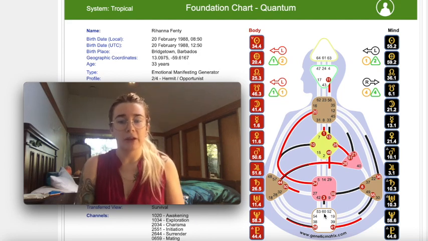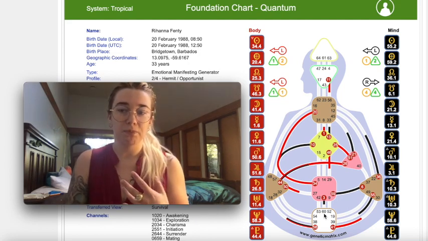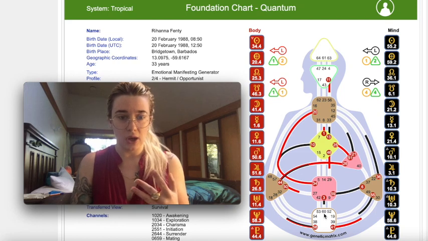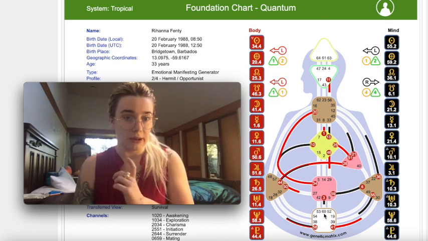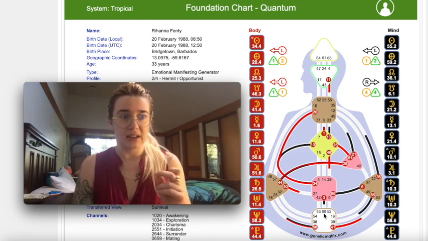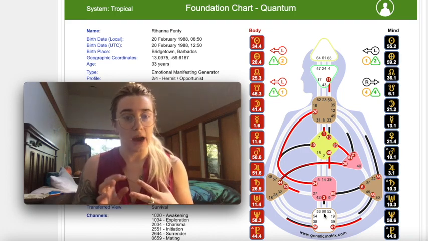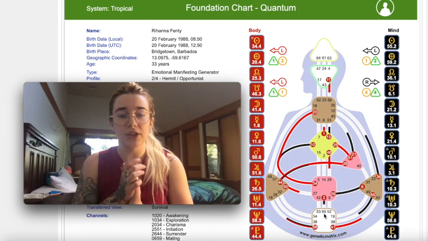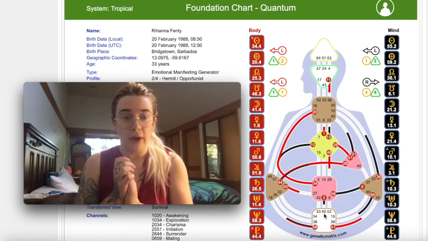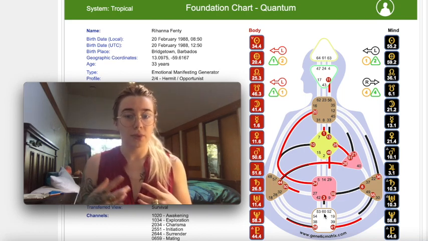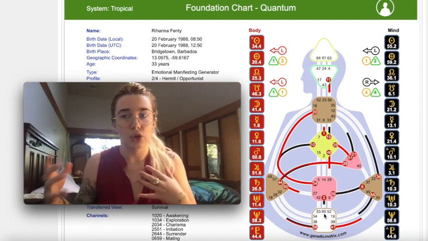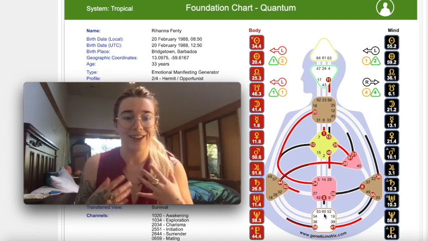You know, because each of us, depending on our design, we all have a location in the body that is designed to give us wisdom as to how to utilize our energy or not. So if you have a defined sacral, right, then you have a gut response, you have a gut feeling.